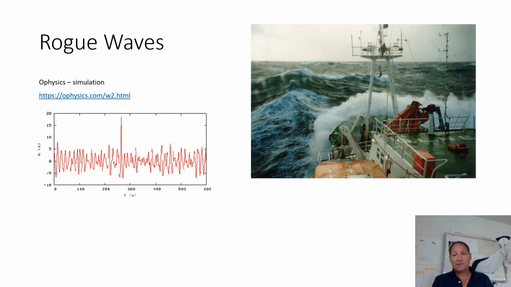So, rogue waves. I'm going to be putting a cut in here for a simulation. Rogue waves are waves that far exceed the significant wave height. So this is a series of waves measured by an oil platform in the North Sea, and then there was this huge great wave here that was much, much higher than any of the other waves.